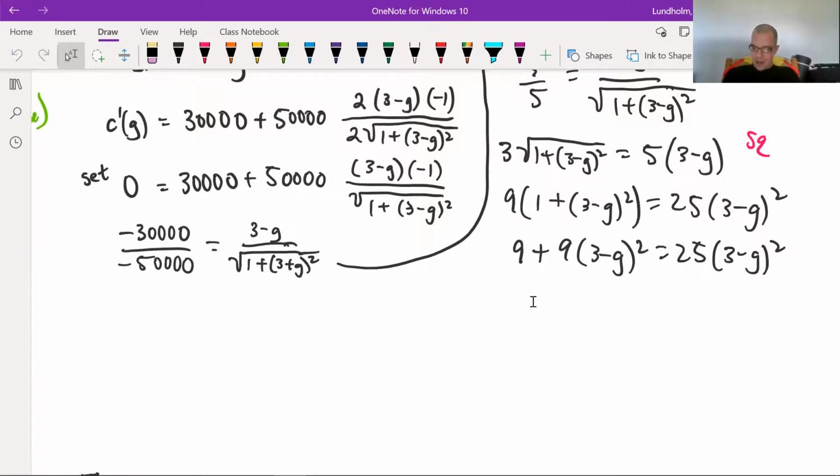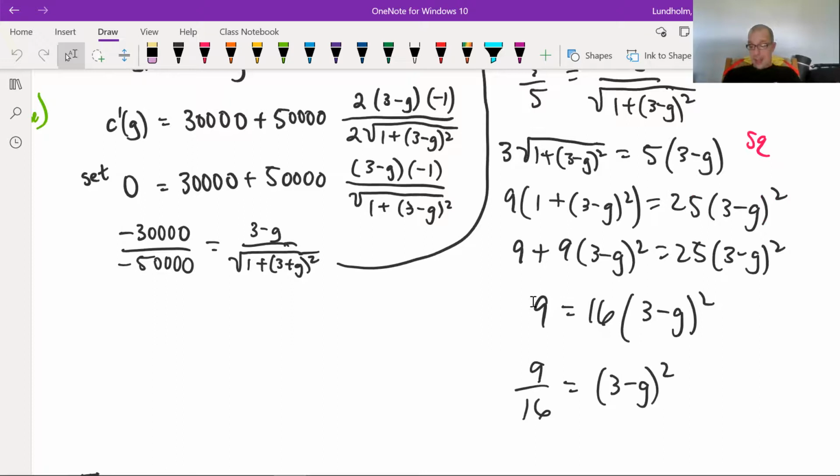Yeah, we have 9 equals, subtracting over to the other side, 16 times (3 minus g) squared. And then dividing both sides by 16 gives us 9/16. And then taking the square root of both sides, goodness, I'm running out of room still. I started writing bigger.